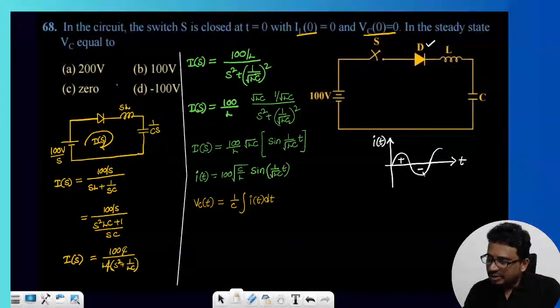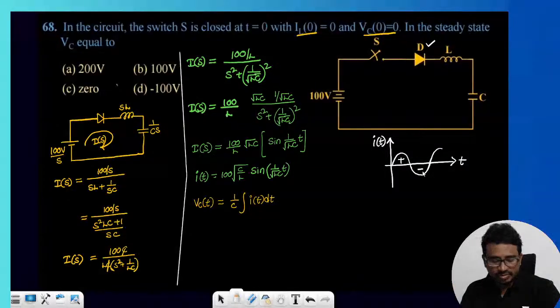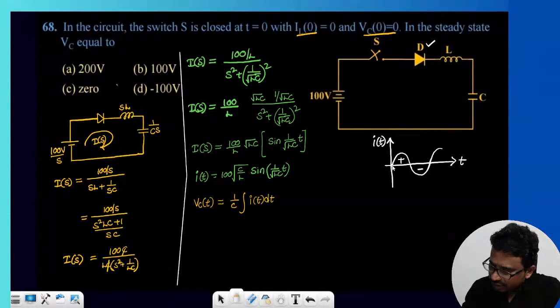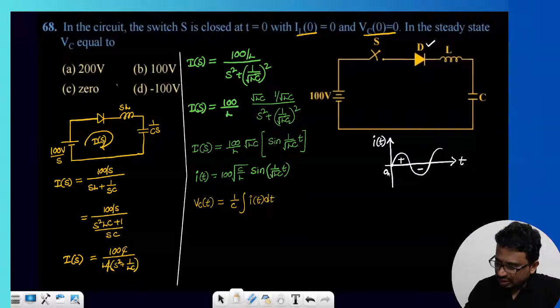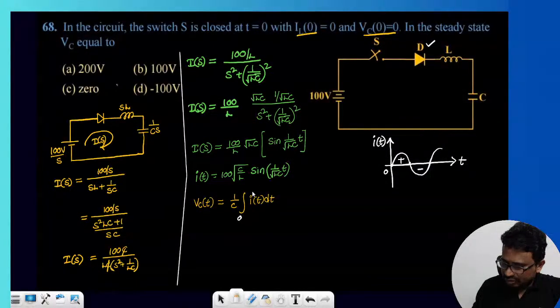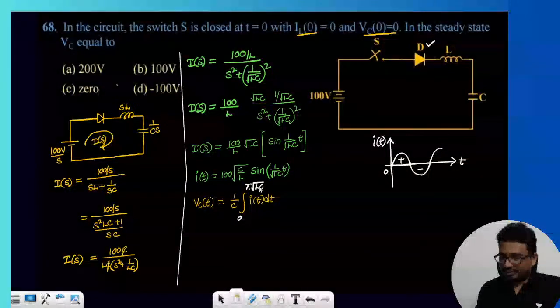For the negative cycle, the diode is reverse biased, and it does not allow the flow of current. So the flow of current takes place from 0 up to pi into root LC only.